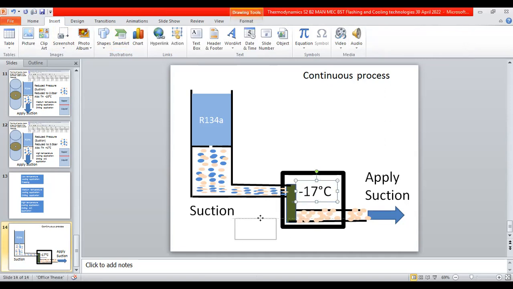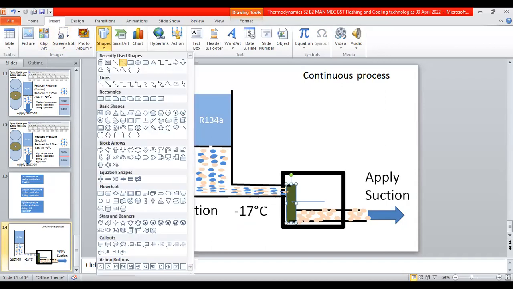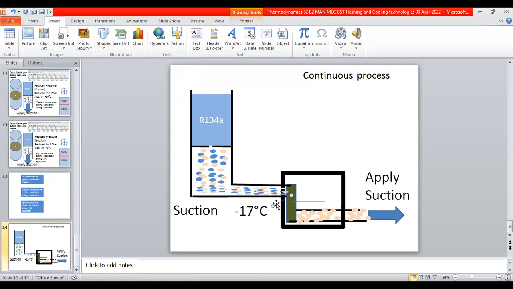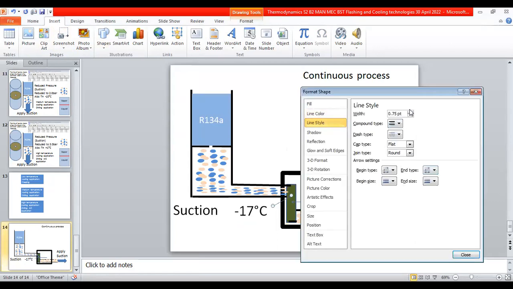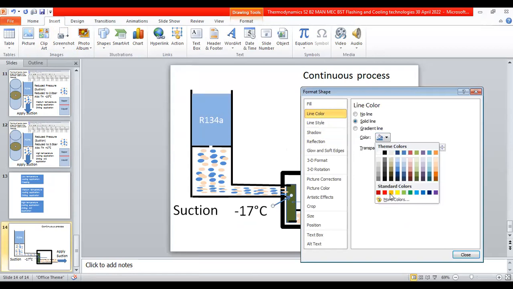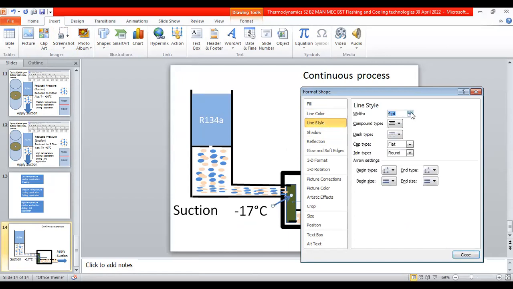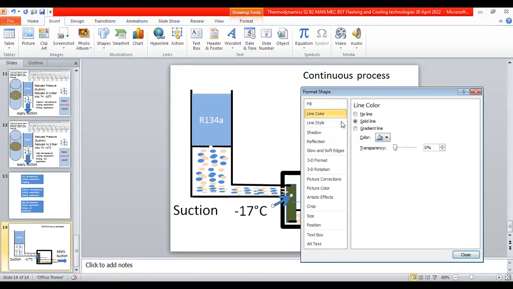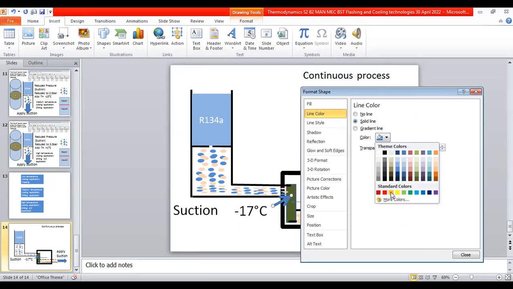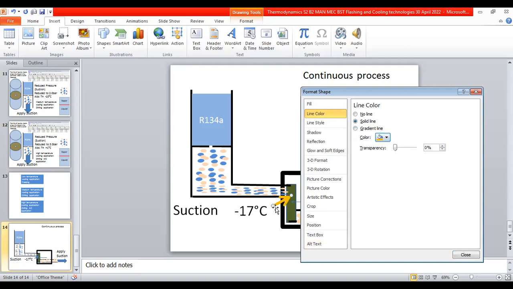Let's say this minus 17 is here, and here also minus 17. Minus 17, very nice.